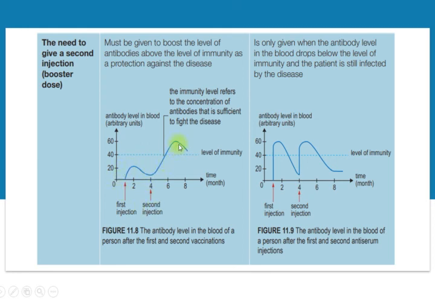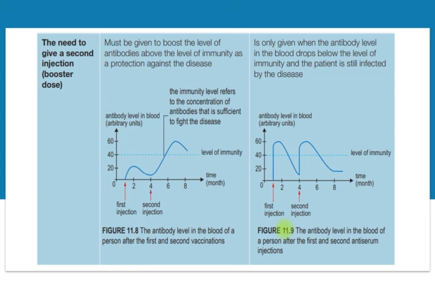As we can see here, the antibody level is above the level of immunity, and it will give permanent protection. Whereas this is the graph for artificial passive immunity. Please remember the difference between the graphs. I think that's all for now.